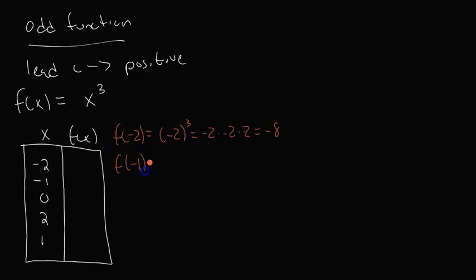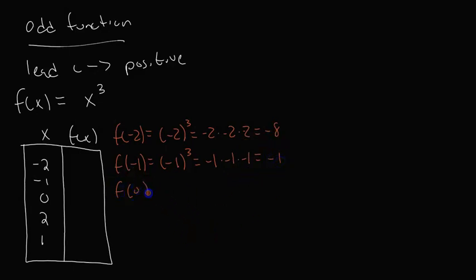f of -1 is going to equal -1 cubed, which is -1 times -1 times -1. -1 times -1 is positive 1, times another negative is going to be -1.